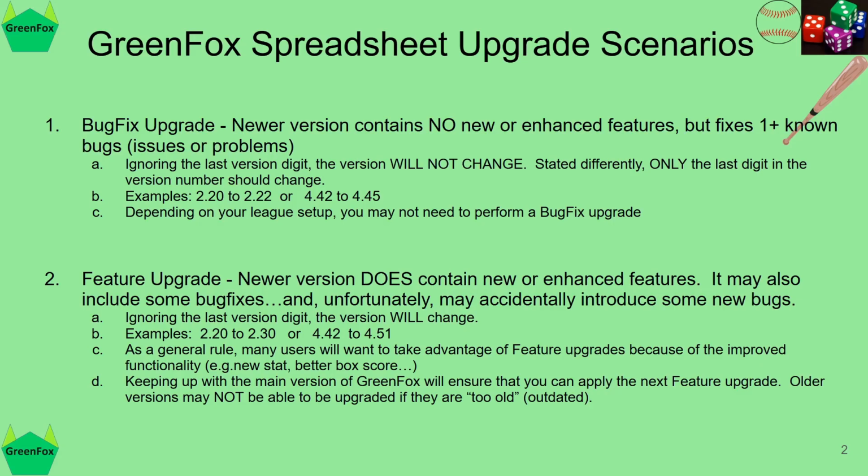So 2.2 would be the main version of a given GreenFox spreadsheet, and 2.21, 2.22, 2.25, those are all different bug fix versions of the same 2.2. So when you're going to upgrade for a feature upgrade, it'll change from 2.2 to maybe 2.3 or 2.4, or you might start with 4.42 and go to 4.51. So that kind of explains some of the version numbers.